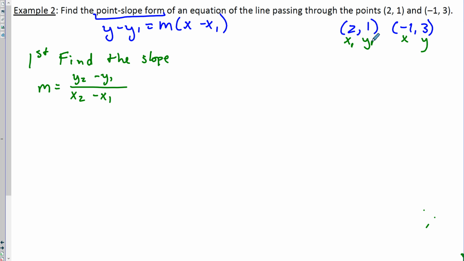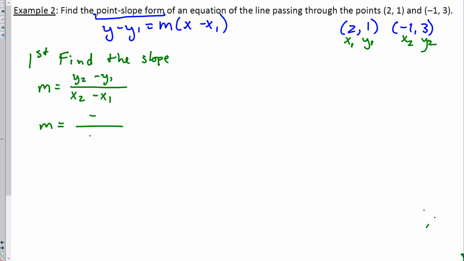So if I make that judgment call, (2, 1) is considered my first point, those will both have the same subscripts, and then the other point would have the other subscript. So if you had chosen differently, if you had wanted (-1, 3) to be the x1, y1, that's fine. What we'll see is when we perform this slope equation and plug in our values, you're going to get the same fraction in the end, regardless of the labeling that we chose for our points.